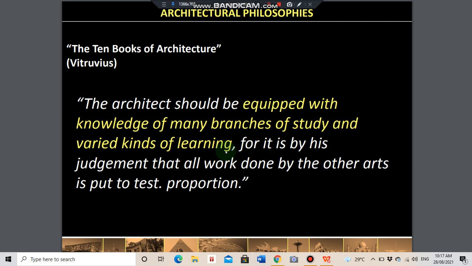Kung titignan mo yung prospectus ng BS Architecture, ng Bachelor of Science, meaning to say, napakarami.